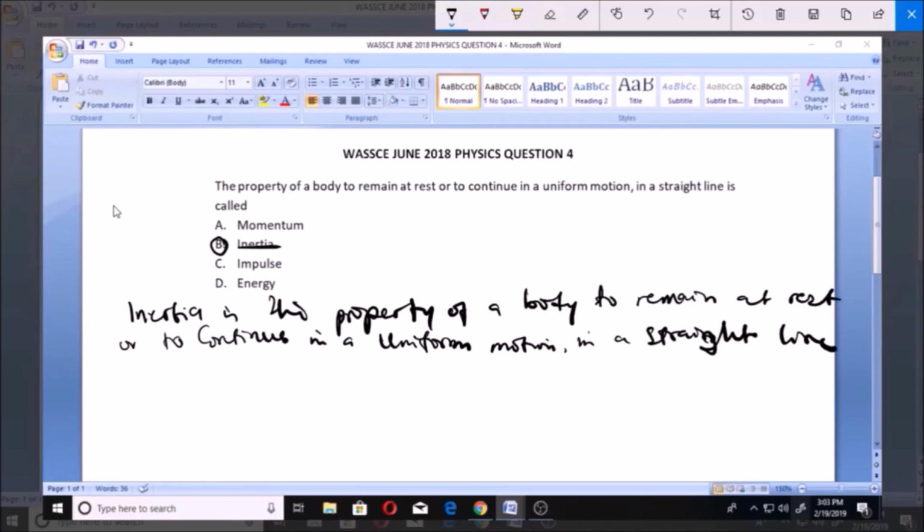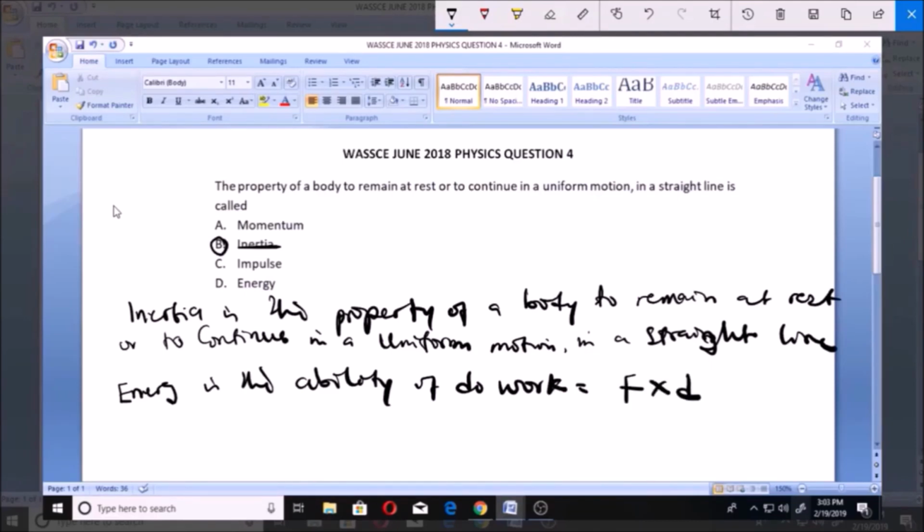Now let's look at other things like energy. Why did we say the answer is not energy? Energy is simply the what? Ability or capacity to do work. Ability of a body or its capacity to do work, and it's actually force taken through a distance. Now what is impulse?